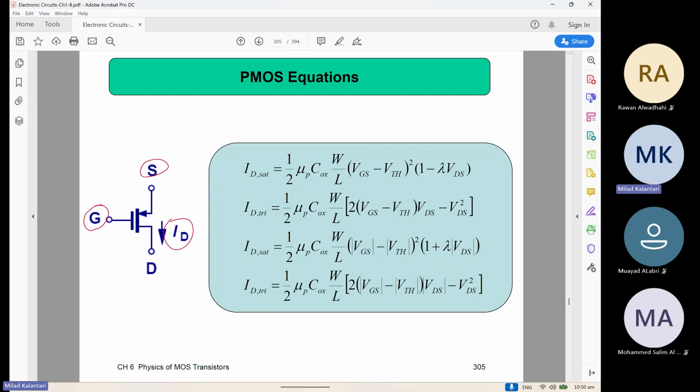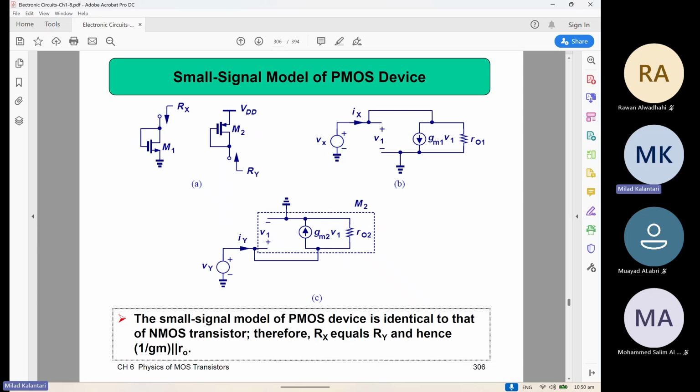And then in the equation, instead of the mobility of the electron, we use the mobility of holes, right? The other factors are pretty much similar. For the threshold voltage, the sign will be changed because everything is just negative polarity, and nothing is different in terms of the small signal model for the PMOS compared to the NMOS.